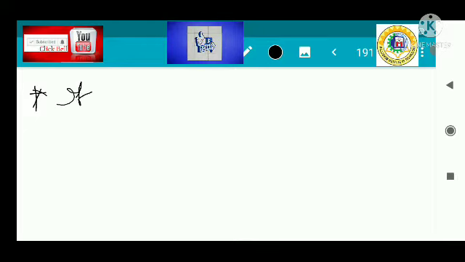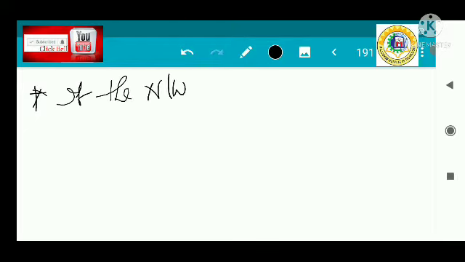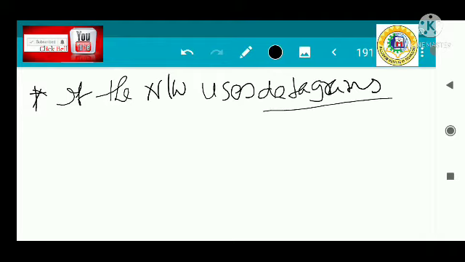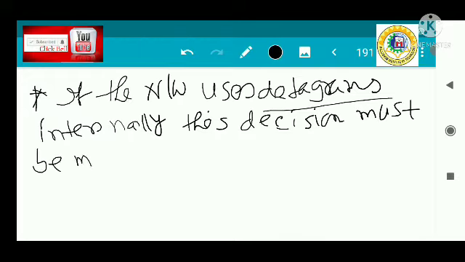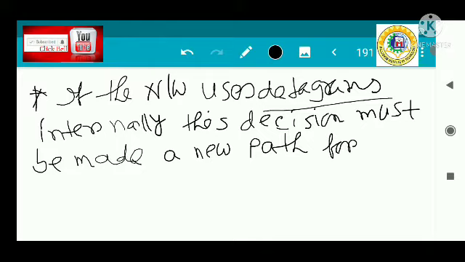So if the network uses datagrams internally, this decision must be made a new path for every arriving data packet.